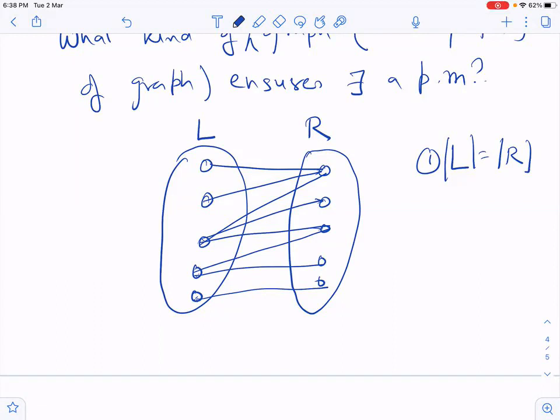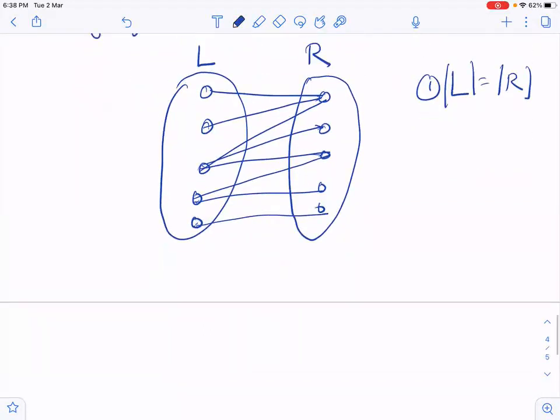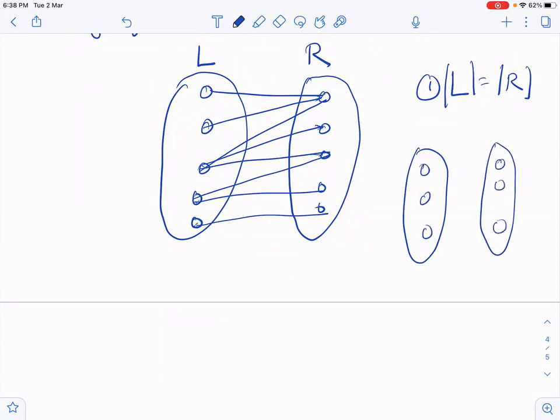No, that's not necessary. Let me just give you an example. Okay. 1, 2, 3. I need a bigger picture of that. One second.